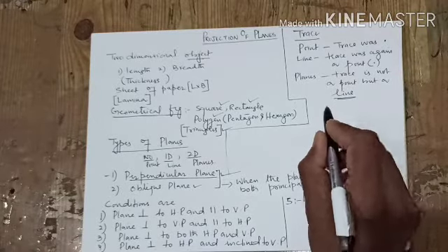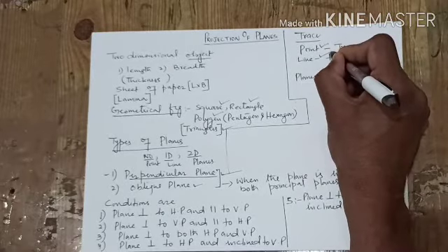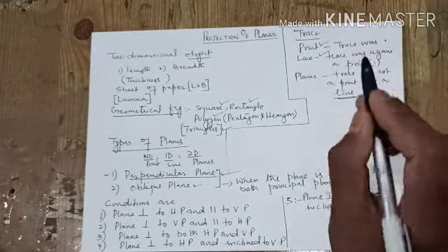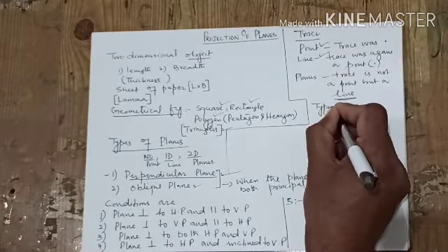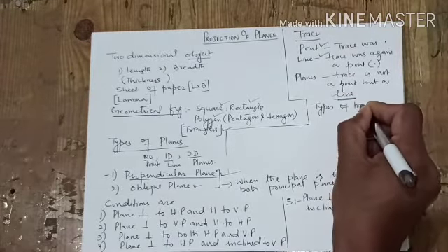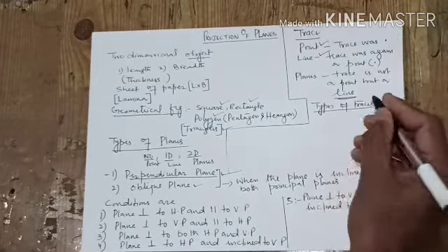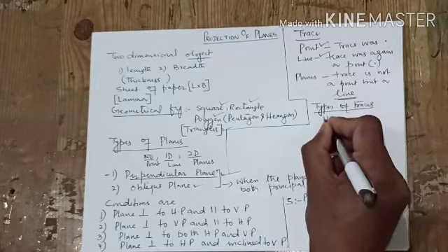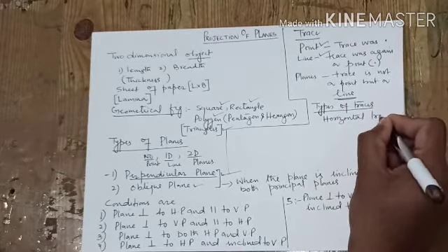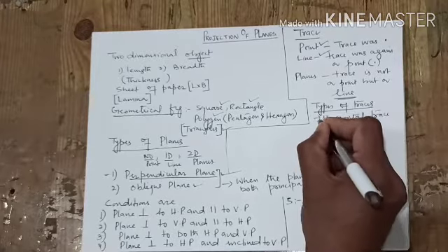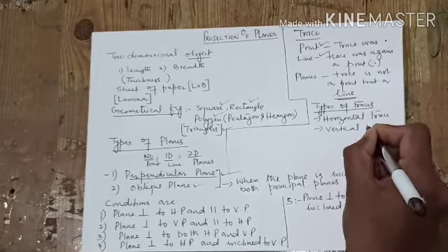As you know, in the previous two types, the point and the line, there were two types of traces. As you remember, the first was the horizontal trace and the second was the vertical trace.